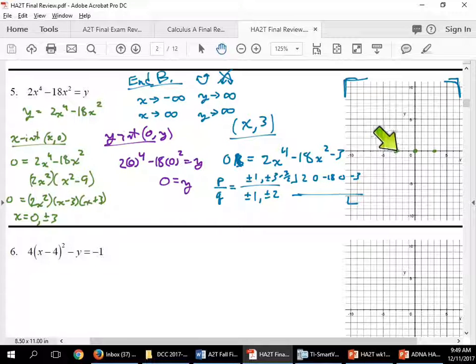Okay, so for each of these points, we have to know if we're going through or bouncing. So we have to look at our zeros right here and see the factors that they are coming from, which is this factor and this factor, and look at their multiplicities. Their multiplicities lie underneath the exponents. Now, for these two factors, we have multiplicities of 1. If we have a multiplicity of 1, that means you go through.